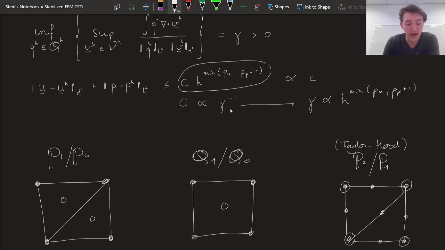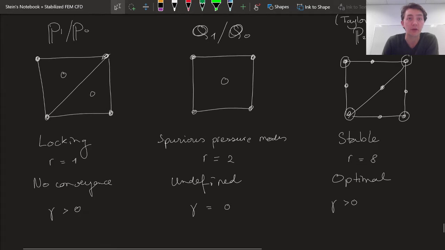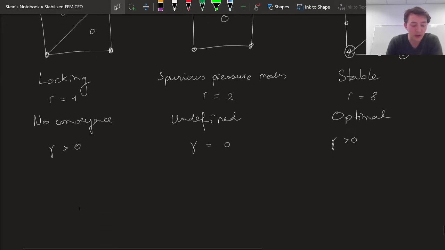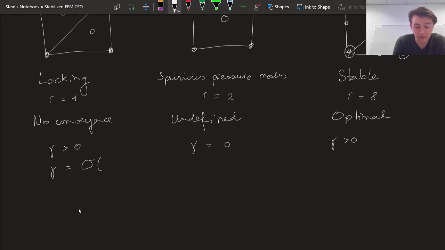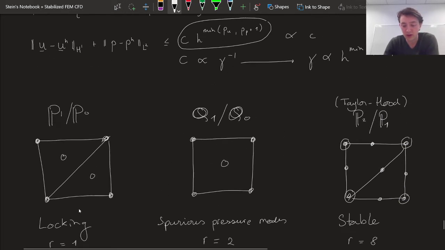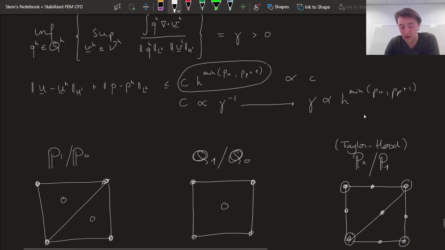So if we have a larger than zero Inf-sup constant, but this Inf-sup constant actually scales with the mesh size, then we still don't get any convergence. And that's precisely what we have for this left element where we have locking. So even though it's larger than zero, it's actually going to be of the order of, well, h in this case. The order of h^(p_u - p_p + 1), that is h to the power of 1 is h.